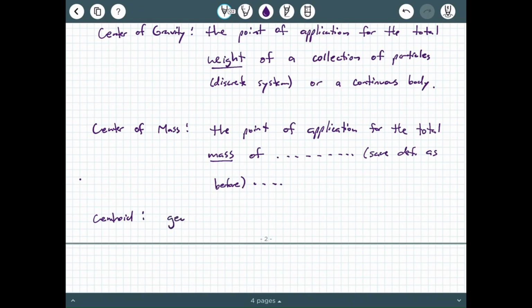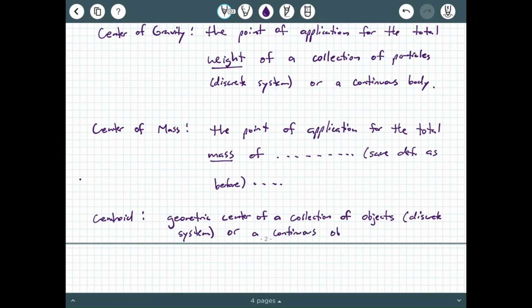So this is the geometric center of a collection of objects for discrete systems, or a continuous object.